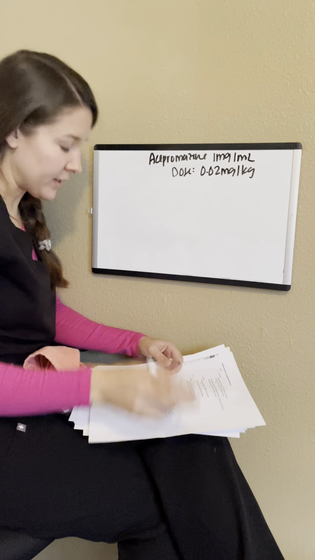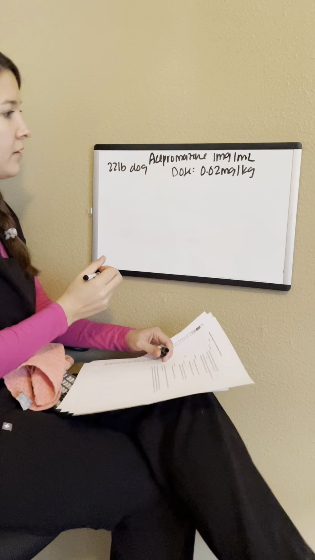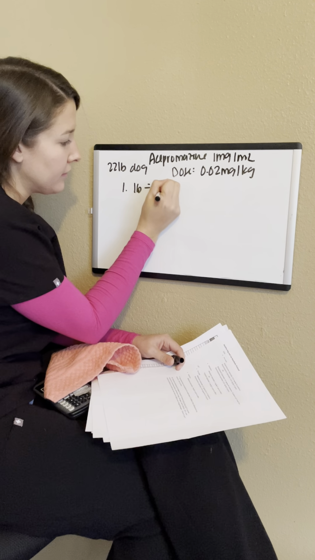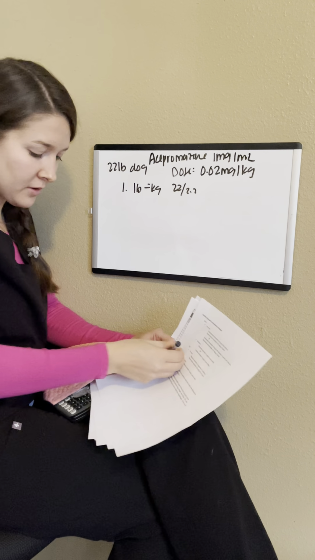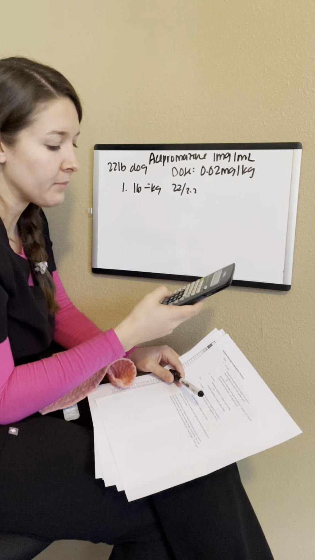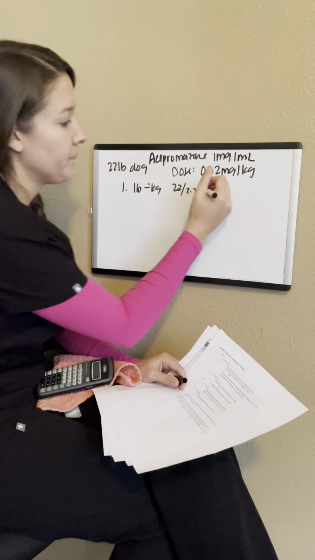Let's say our patient weighs 22 pounds. All right, so again, pounds to kg, so 22 divided by 2.2. Yes, it does seem like easy math, but I always do everything in my calculator, no matter how simple it may look.